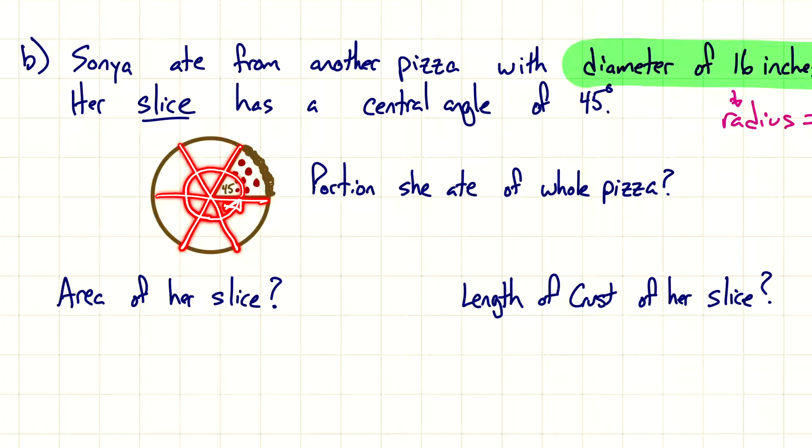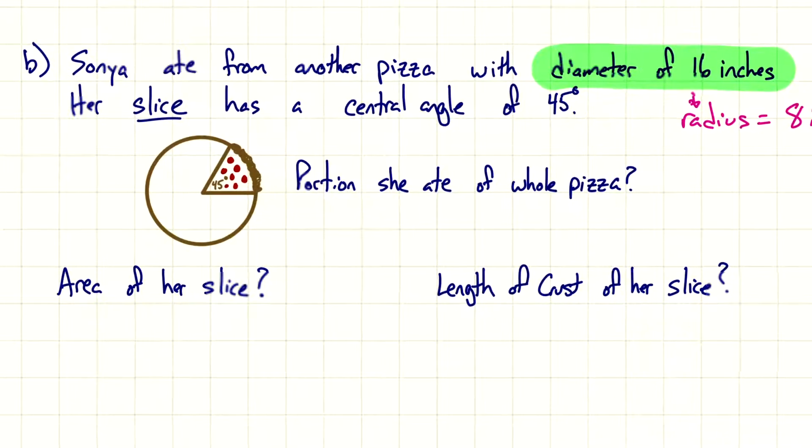All right, if you add up all the central angles, it should give you 360 degrees. All right, so that means the portion that she ate was 45 degrees out of 360 degrees. That's how much she ate.